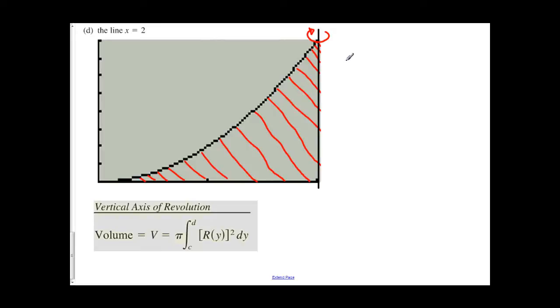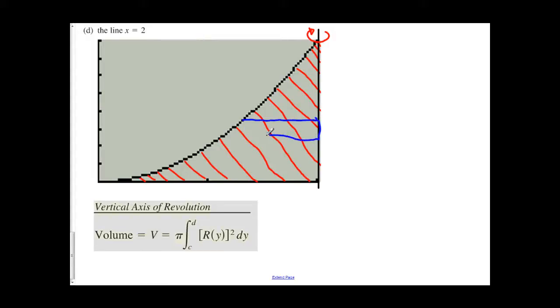The first thing I want to do is draw a rectangle to represent this region, and I want that rectangle to produce disks that have radii perpendicular to the axis of revolution. So I'm basically drawing a horizontal representative rectangle because my axis of revolution is vertical.